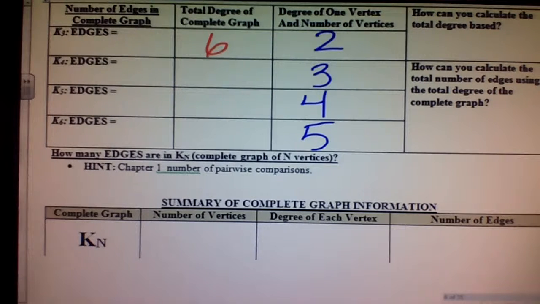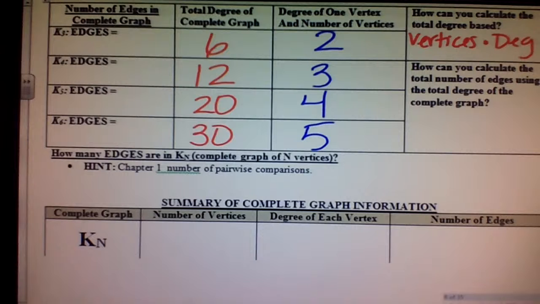Because you have 3 dots that each have a degree of 2. So 3 times 2 is 6. I have 4 dots, each with a degree of 3. That's 12. 5 dots, each with a degree of 4. That's 20. 6 dots, each with a degree of 5, that's 30. So to get your total degree, we take the number of vertices times the degree. There's formula number 2.